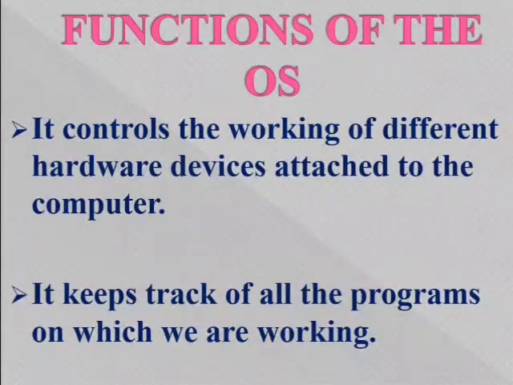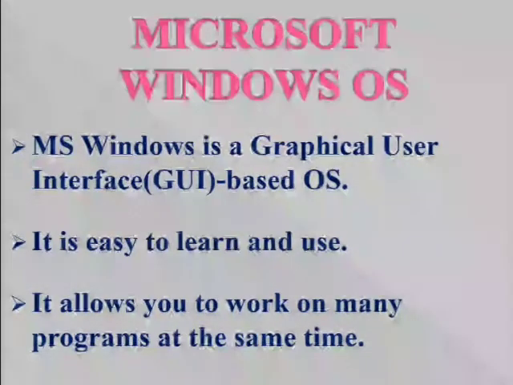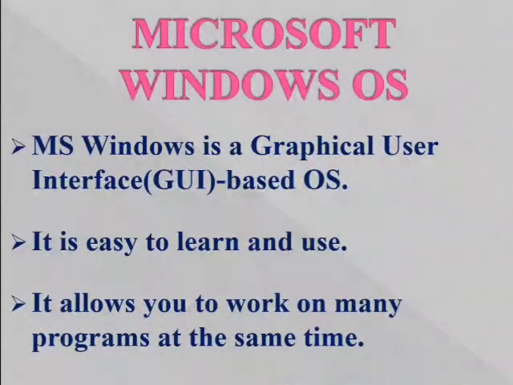It also keeps track of all the programs on which we are working. Students, in this chapter, we will discuss the Microsoft Windows operating system. MS Windows is a graphical user interface based operating system.